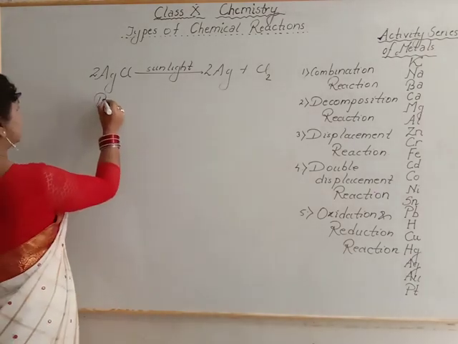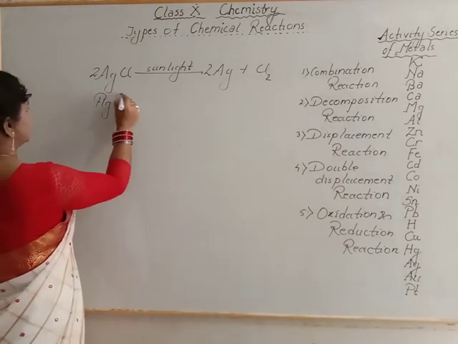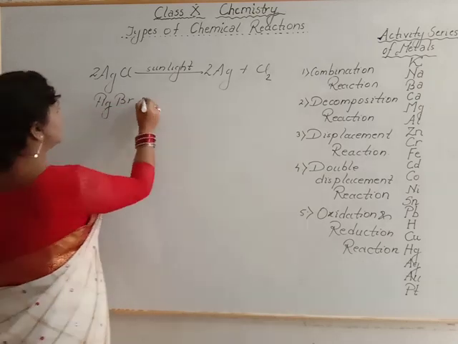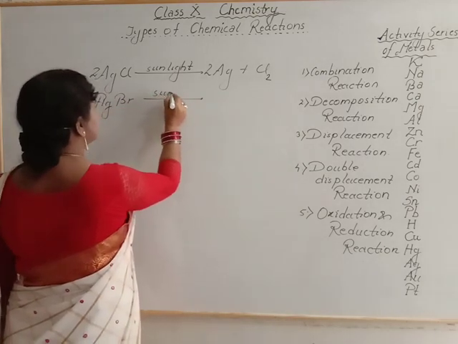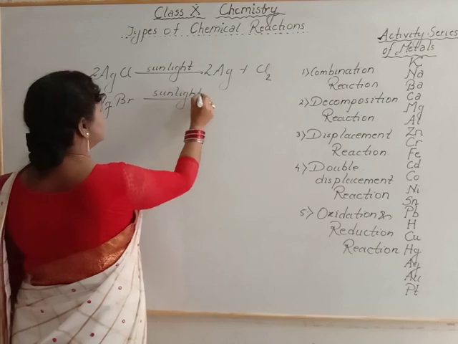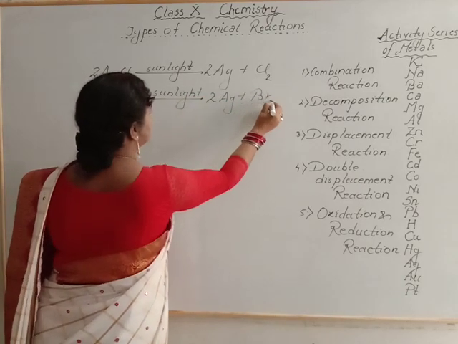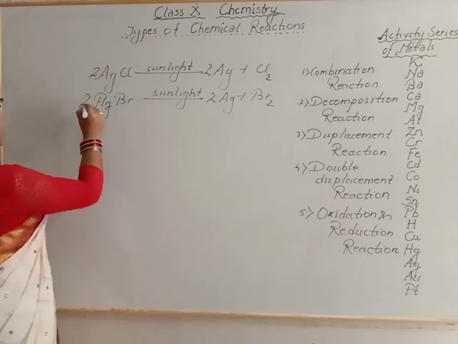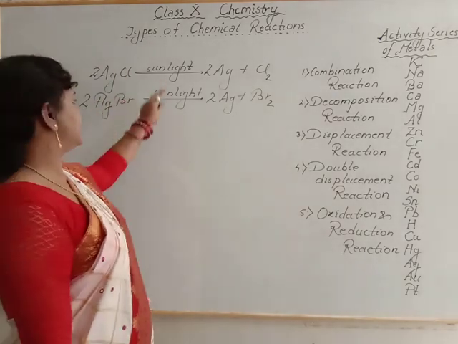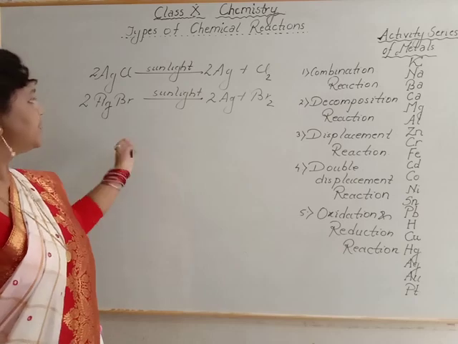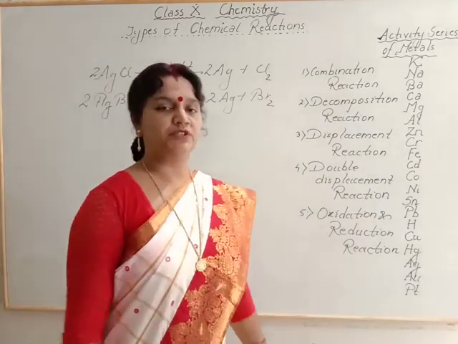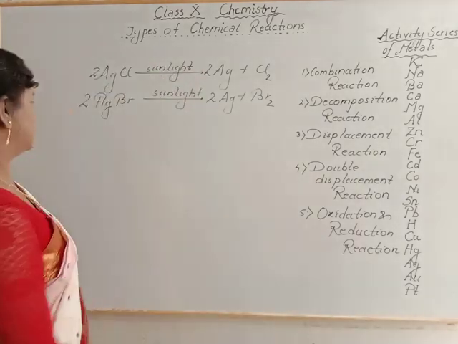Again AgBr, silver bromide, in presence of sunlight, gives 2Ag plus Br2. Now because it is in the presence of sunlight, it is also known as photodecomposition reaction.